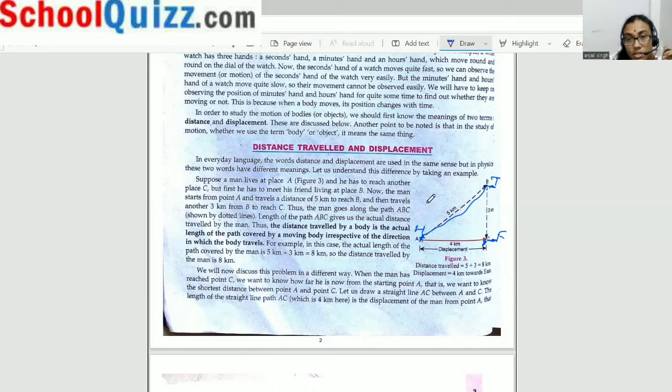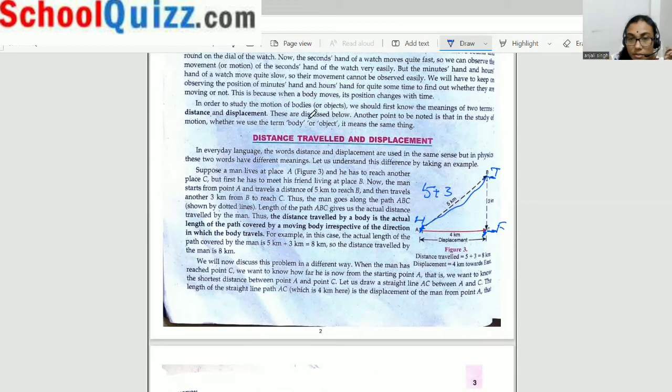So what is the actual length? 5 plus 3, that will be 8. Meaning the boy moves 8 kilometers, because first he went to the temple as he doesn't know the path. He only knows that from the point A he has to reach the temple and then the friend's house. Okay, so this is all about the distance.